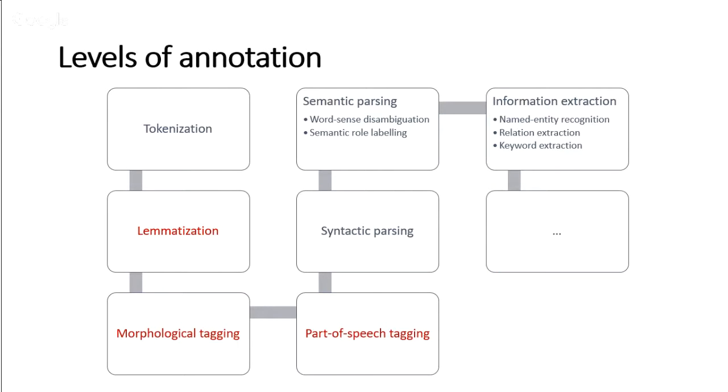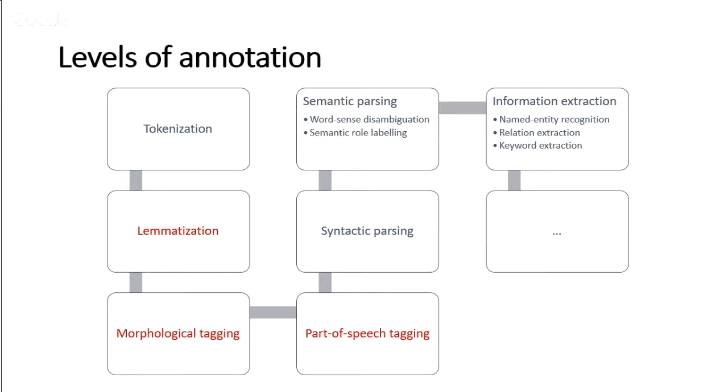So this is an overview of the pipeline. The first step in processing language consists in finding the words, identifying the tokens. And then we have the morphological steps, which we can divide into three: lemmatization, morphological tagging, and part-of-speech tagging.